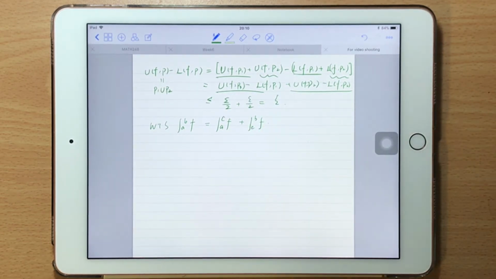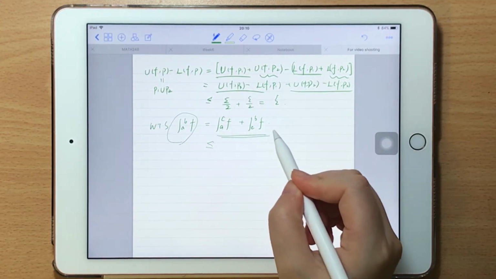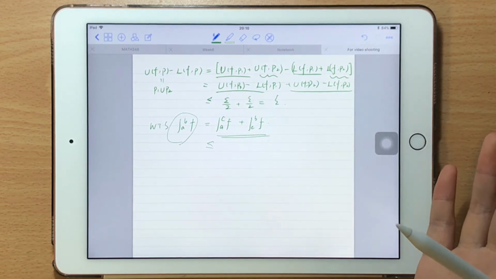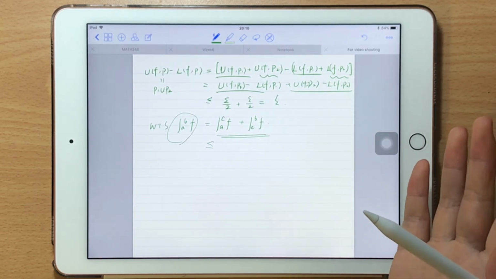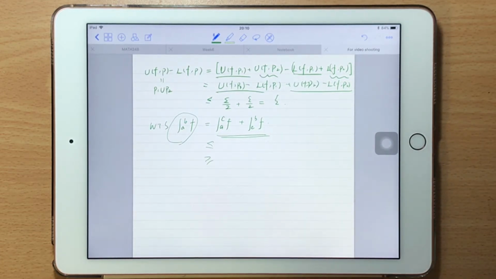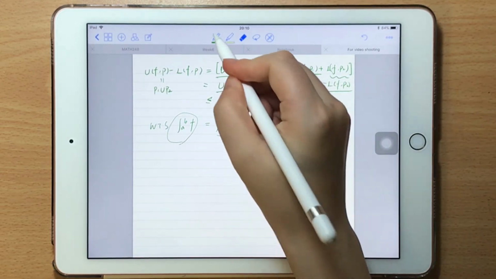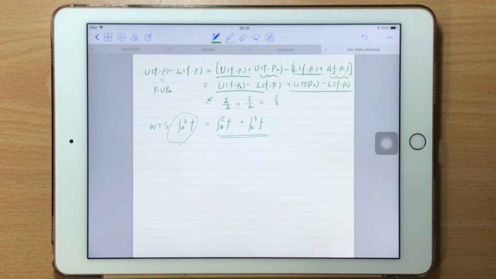Right, so the way we show it is we first show the left hand side is smaller or equal to the right hand side, and the left hand side is also larger or equal to the right hand side. So then the left hand side must be equal to the right hand side. Okay, so this is how I'm gonna show it.